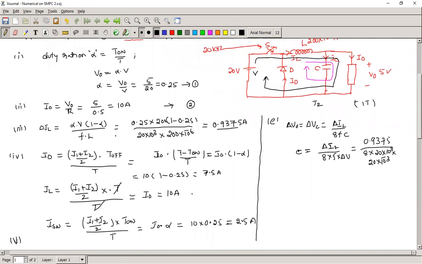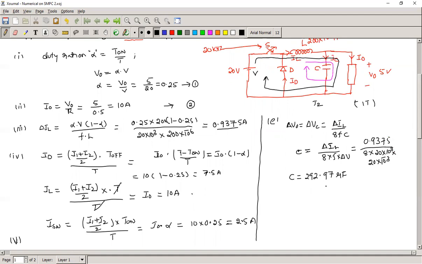This is the value of capacitance that we have to keep here. C value is 292.97 microfarads.